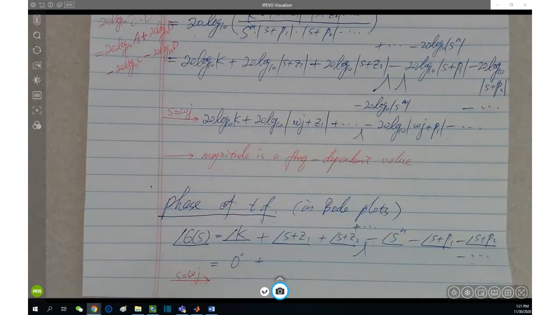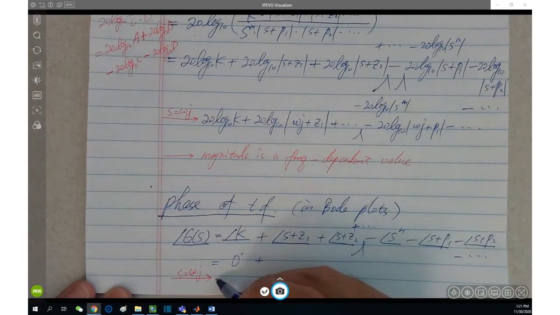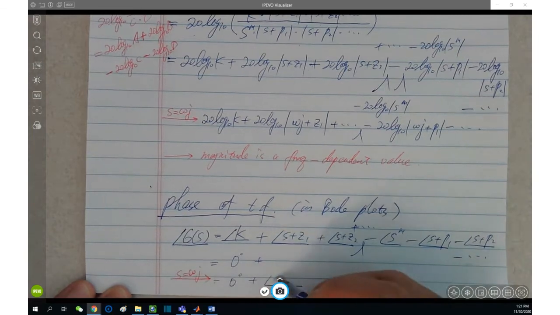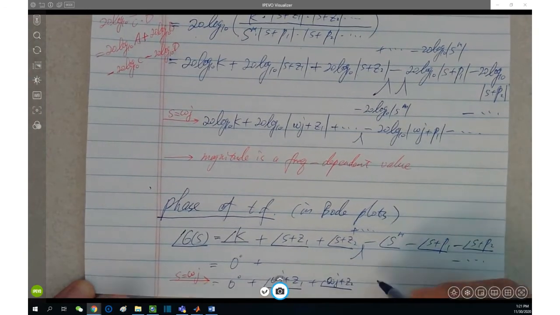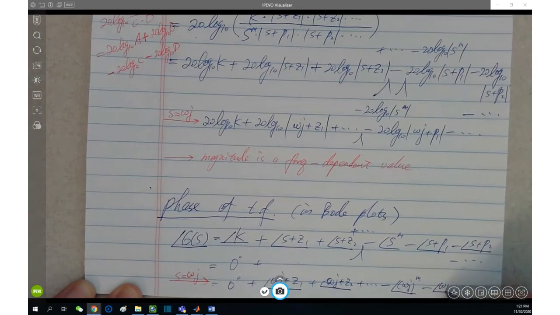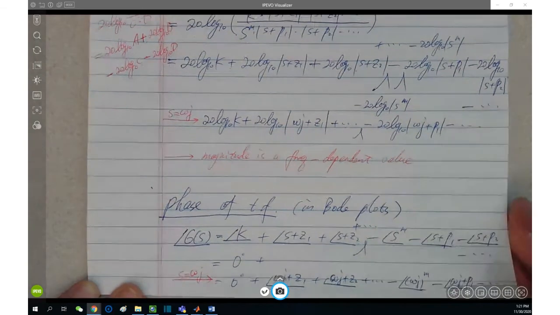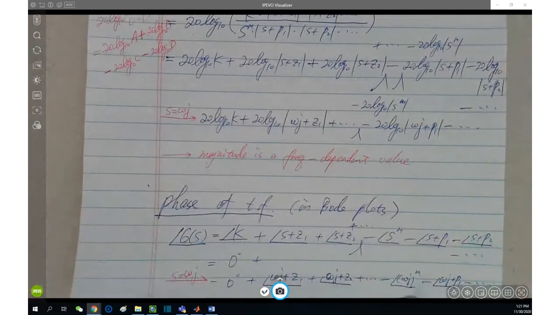So we will end up with 0 plus the phase of (jω + z1), plus the phase of (jω + z2), plus and so on, minus the phase of (jω + p1), minus and so on. This explains why the phase of the transfer function is also a frequency dependent value.